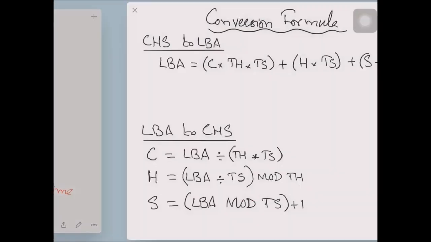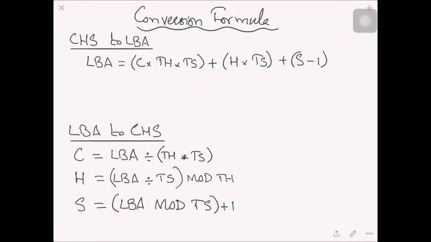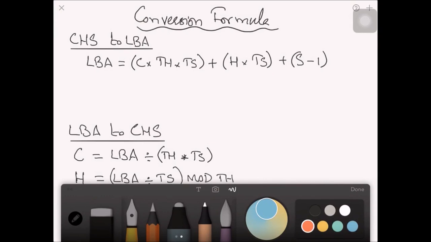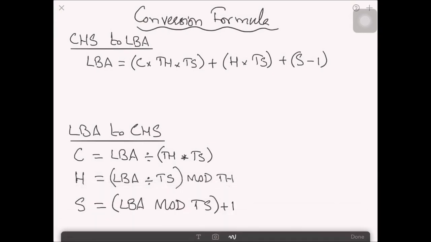So one last thing. Let us try to understand what formula is applied to carry out the conversion from CHS to LBA and vice versa. This is the formula that is in front of you, used to convert CHS to LBA.